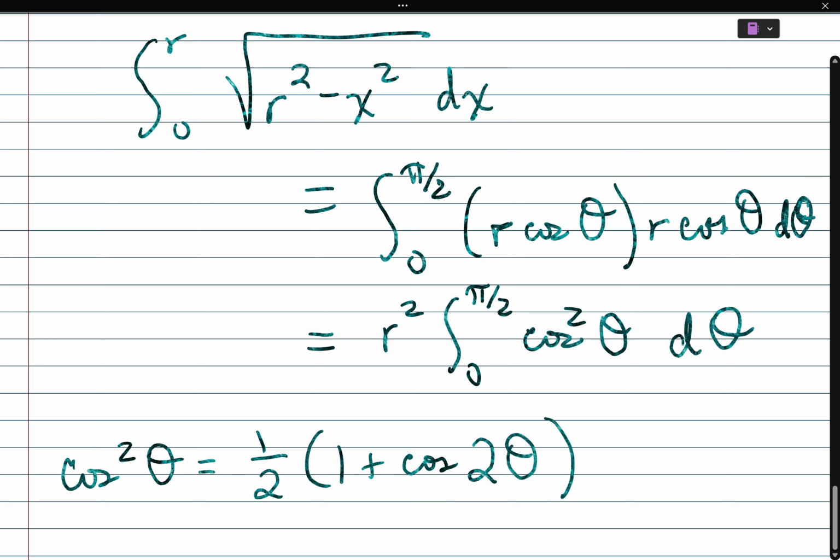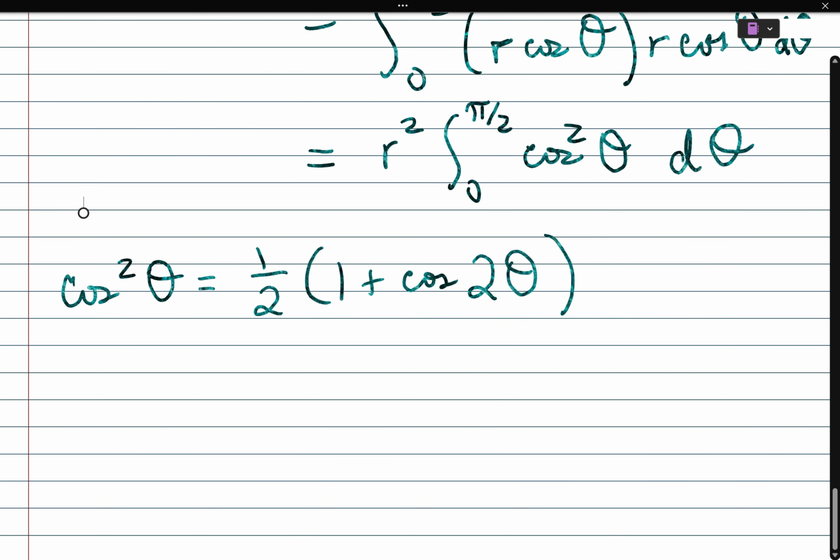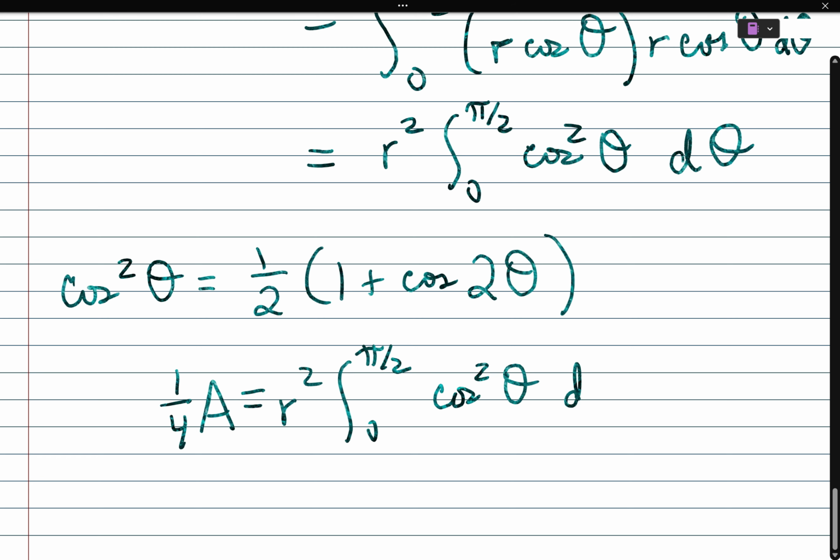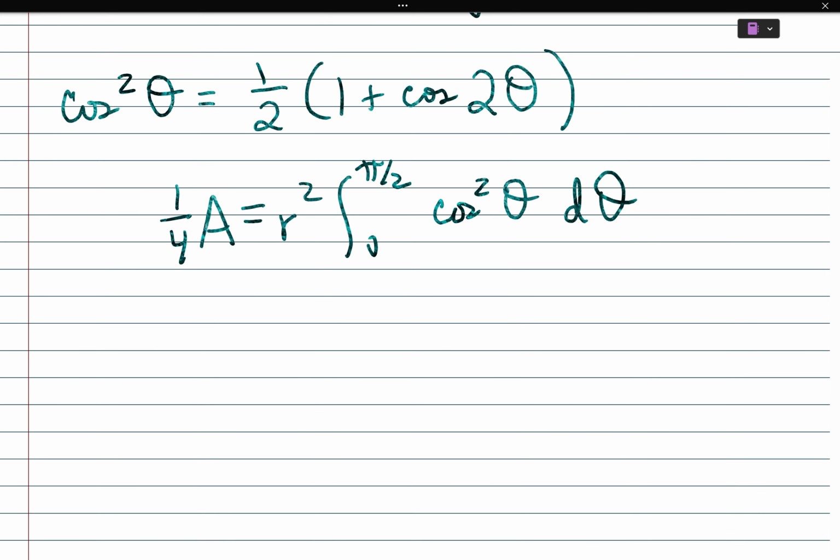So we can integrate by means of an identity. Okay, so therefore 1/4 A is equal to r squared times the integral from 0 to pi over 2 of cosine squared theta with respect to theta.